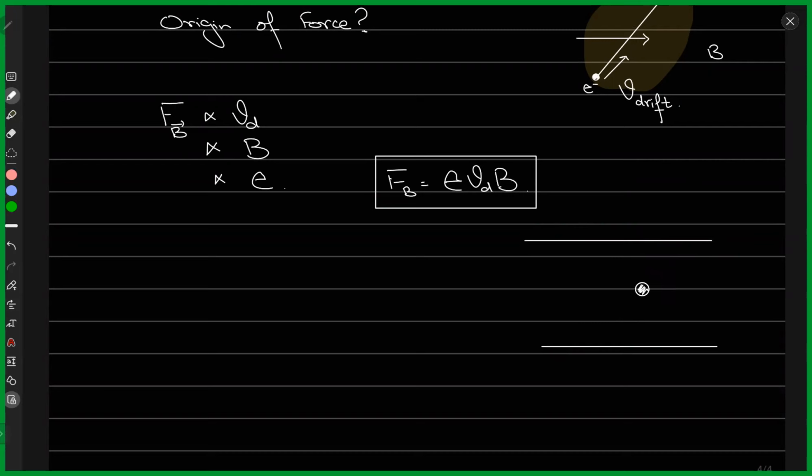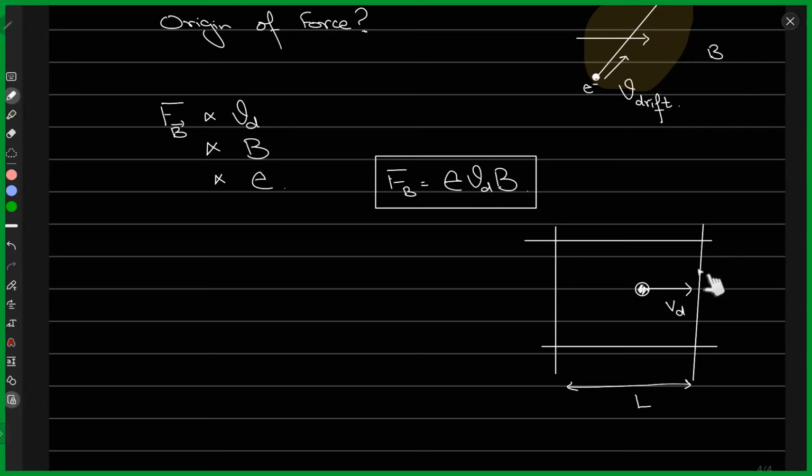Suppose that this distance, the electron is bounded by this distance, and this distance is some value L, right? Suppose that the electron moves in this direction, VD, and the magnetic field is directly out of the paper.